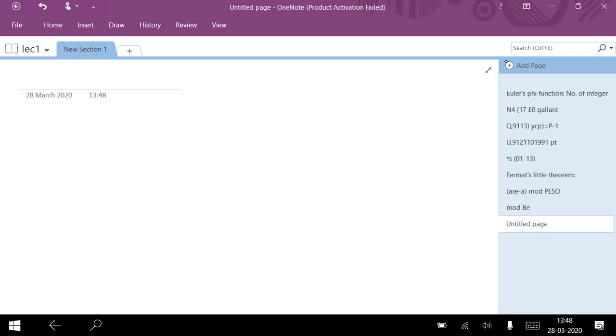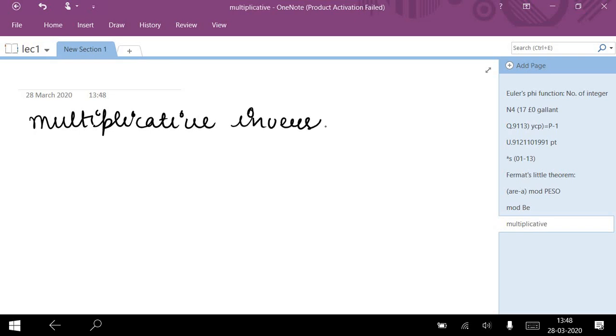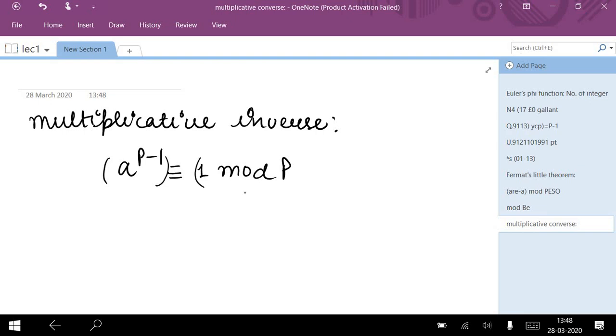So what about the multiplicative inverse by using Fermat's little theorem? For a to the power p minus 1 congruent to 1 mod p, just multiply a inverse into both sides.